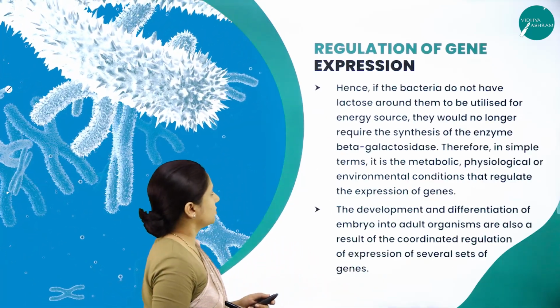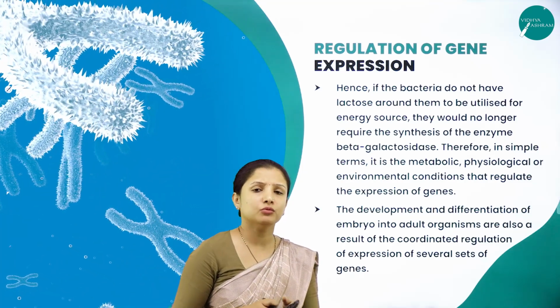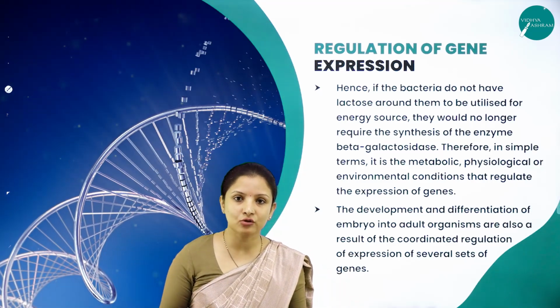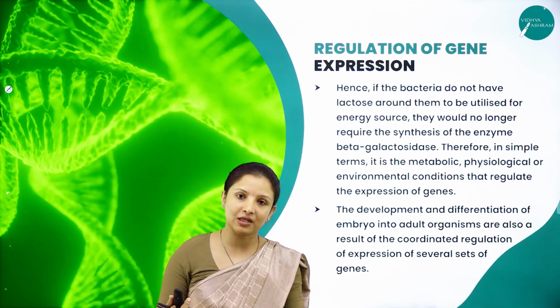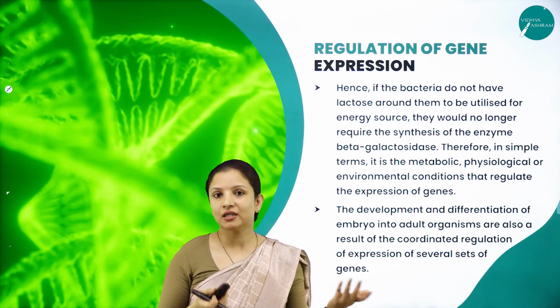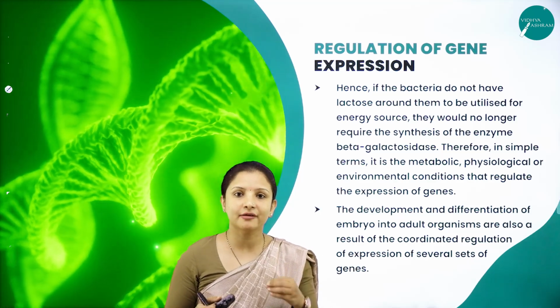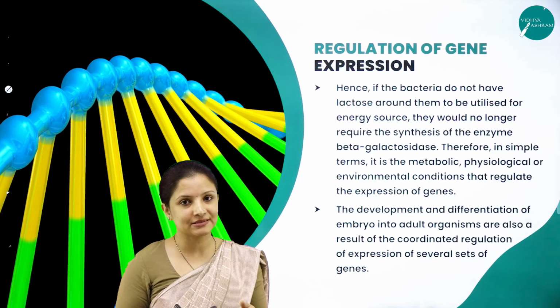So, now we know about this. Where will this beta-galactosidase come from? It's an enzyme, right? And enzymes are nothing but proteins, and at the end of the day, proteins are nothing but chains of amino acids. So, they need to be produced by the triplet codes or the genetic codes, the genes that are present on the mRNA sequences.